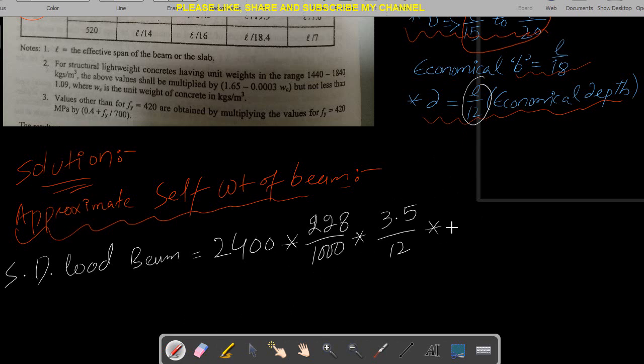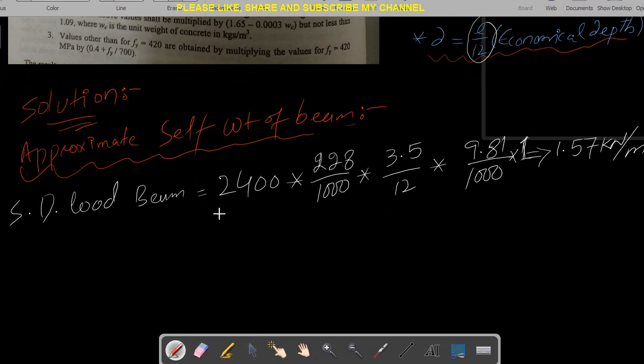Multiply by 9.81 to convert into newtons, divide by 1000 to convert into kilonewton, right? From this we got 1.57 kilonewton per meter. We are considering 1 meter length of the beam, not the total length of the beam. We are just considering 1 unit length.